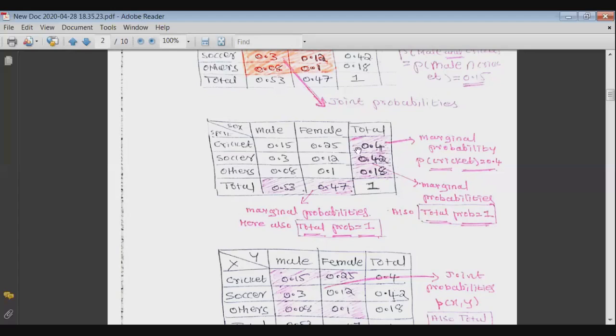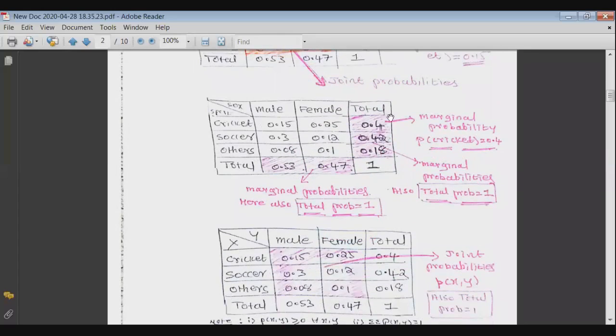These are the marginal probabilities with respect to sports, and these are the marginal probabilities with respect to sex or gender. It is very evident that the total of marginal probabilities is going to be 1, either with respect to sports or with respect to sex or gender.